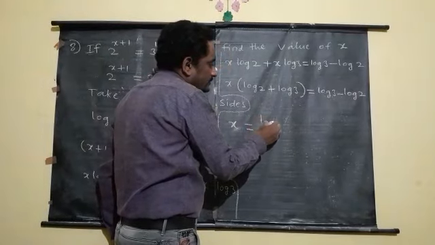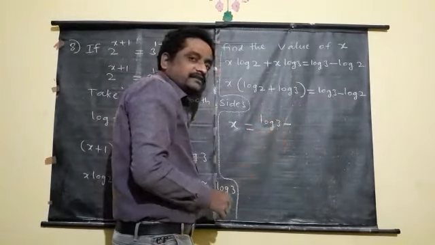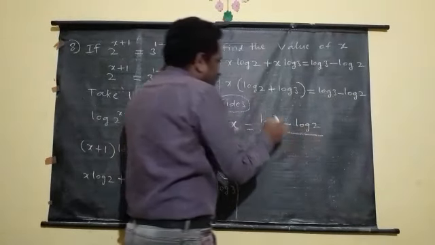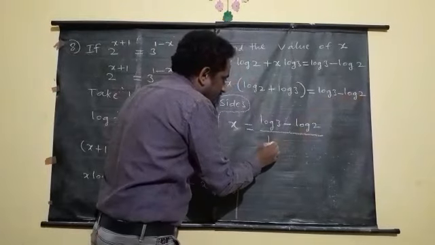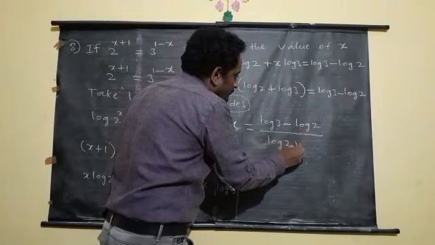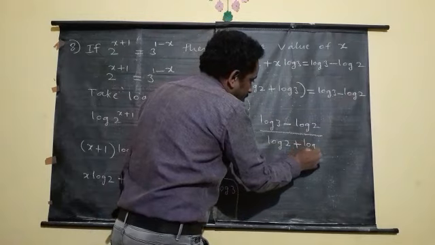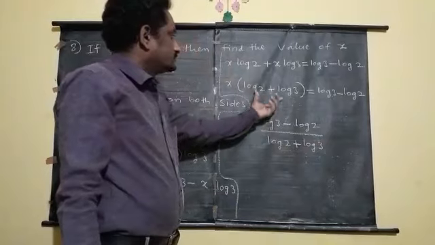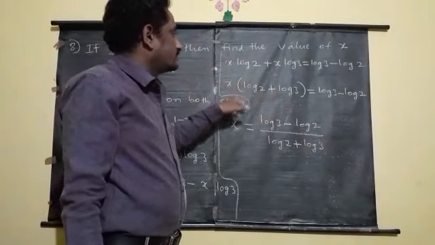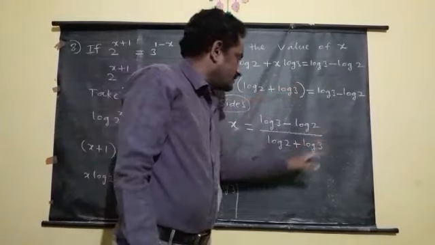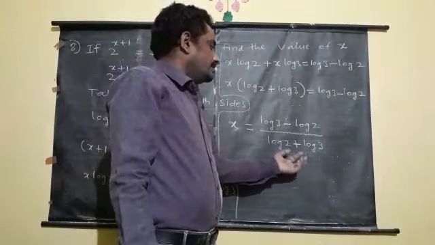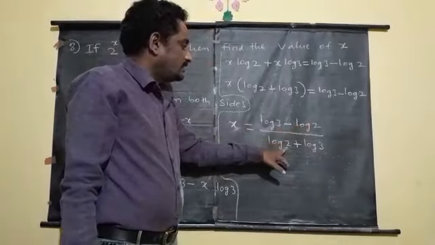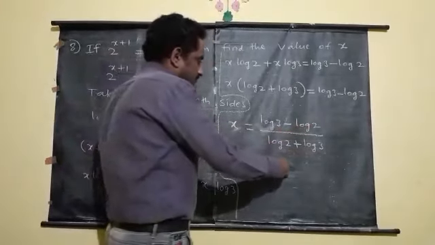That we have to write: log 3 minus log 2, by this we are sending right side, that is log 2 plus log 3. So here bracket is no need; where x is there, that's why we have written bracket. After sending right side, it came as denominator, so bracket no need. So x is equal to log 3 minus log 2 by log 2 plus log 3. This is the answer.